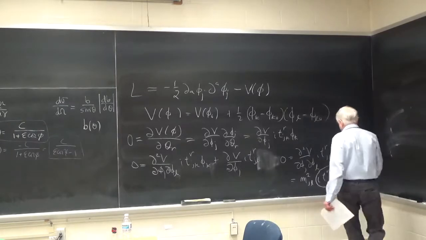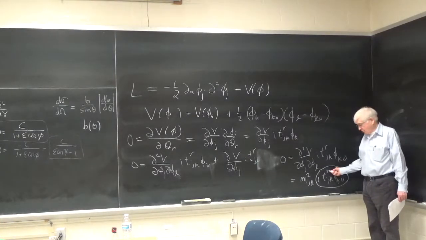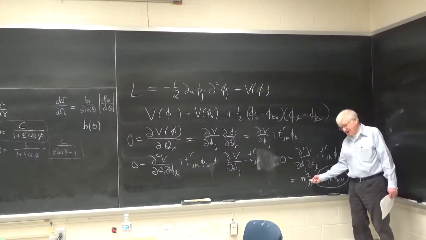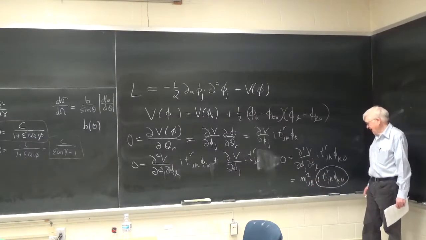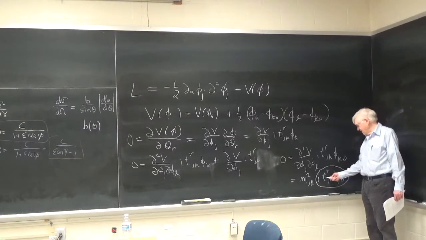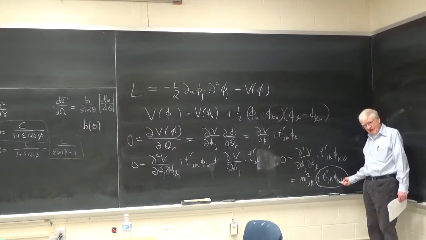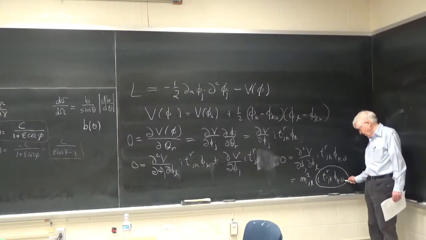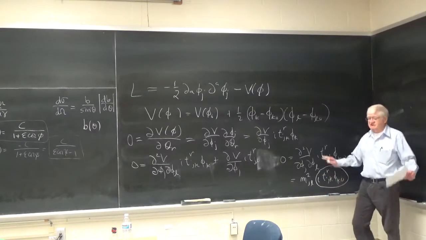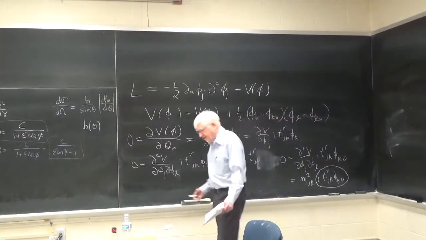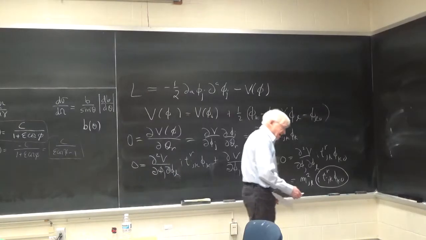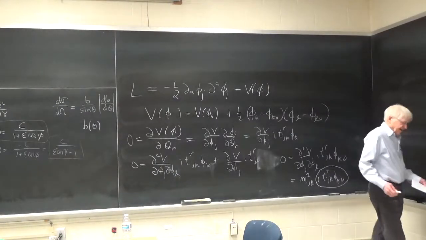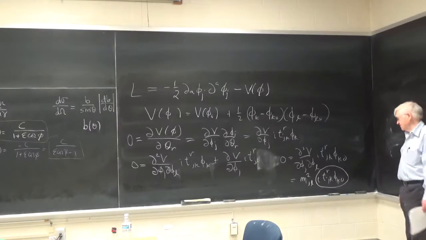In fact, for every generator of the symmetry group, there is a vector that's an eigenvector of the mass matrix with eigenvalue 0. The only exception is when t r annihilates the minimum, this vector phi k 0, in which case you have something that's identically 0, and eigenvectors can't be identically 0. They're actual vectors. They can have 0 eigenvalues or finite eigenvalues, but they can't themselves be 0.